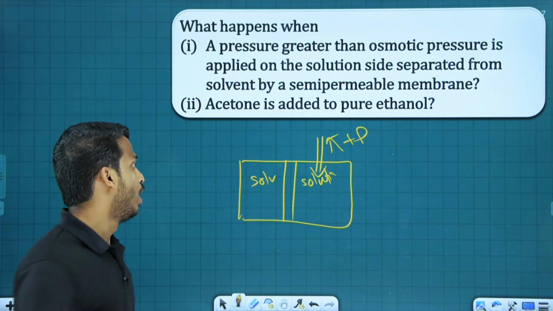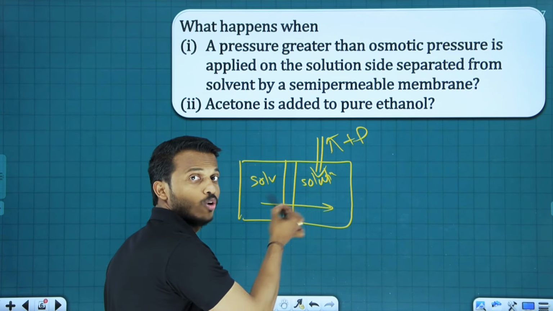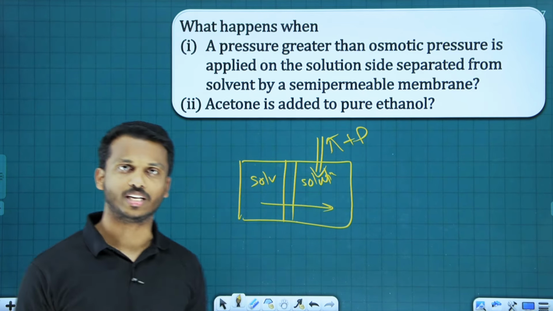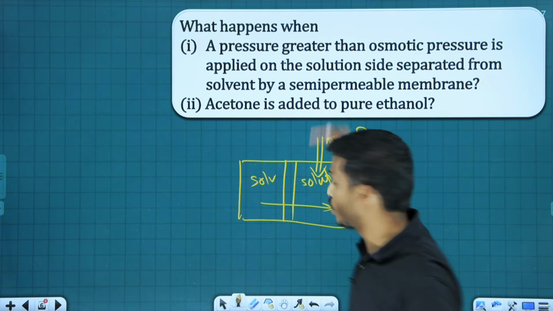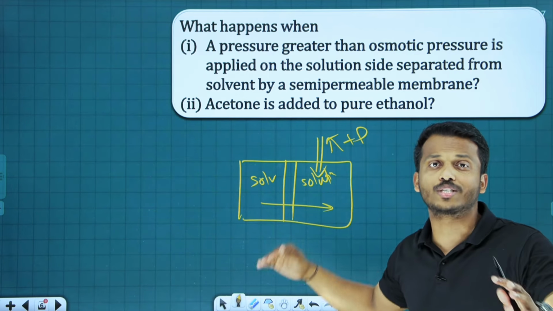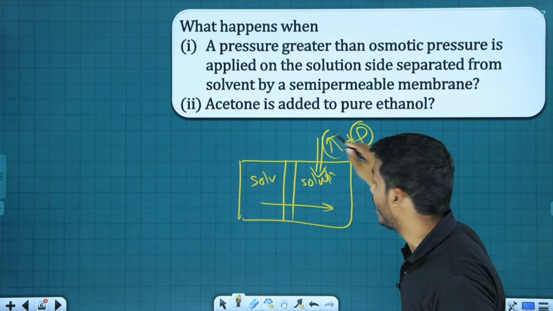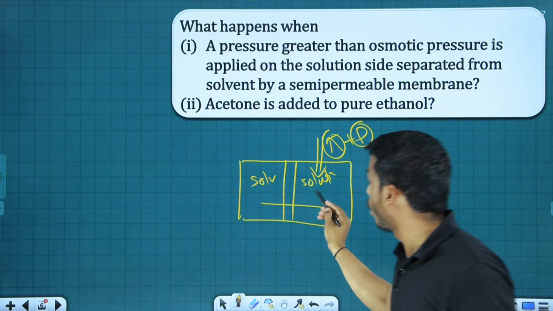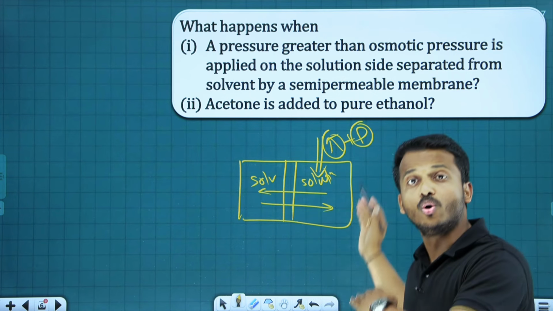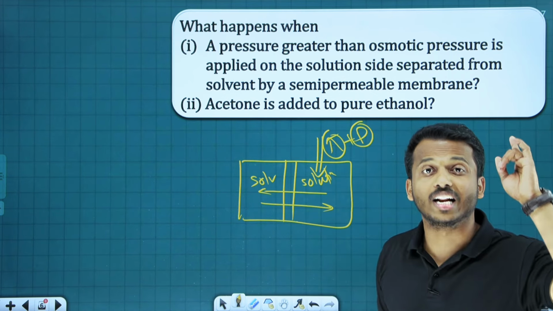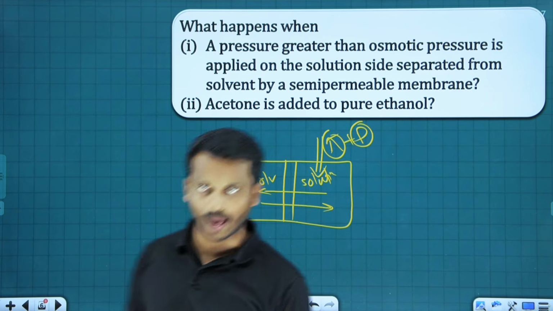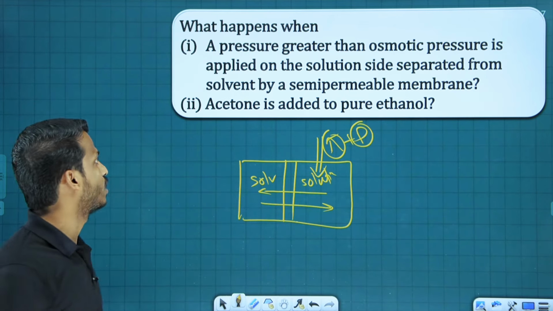Normally the solvent moves from solvent to solution, that is called osmosis. The pressure applied to stop the process is called the osmotic pressure. If the applied pressure is greater than the osmotic pressure, the solvent starts to move from solution to solvent. Then reverse osmosis takes place, right? So reverse osmosis takes place.